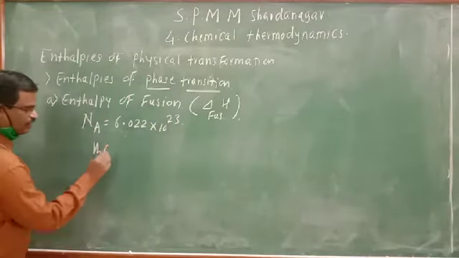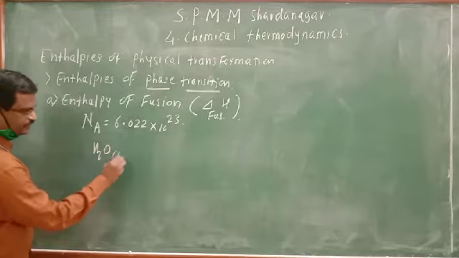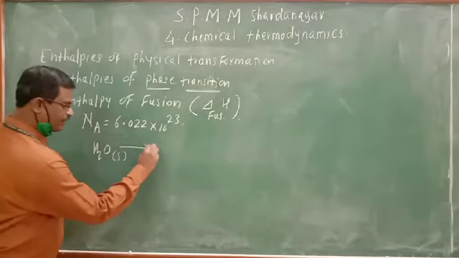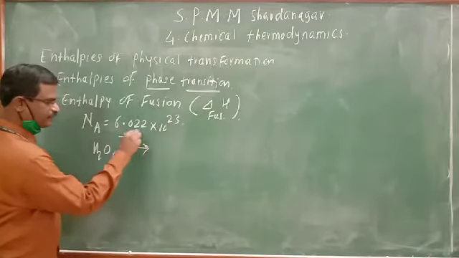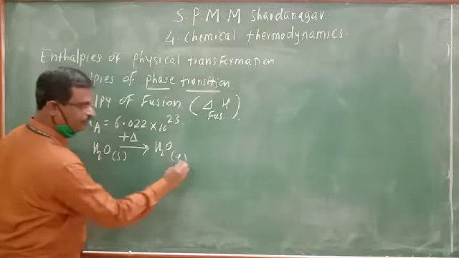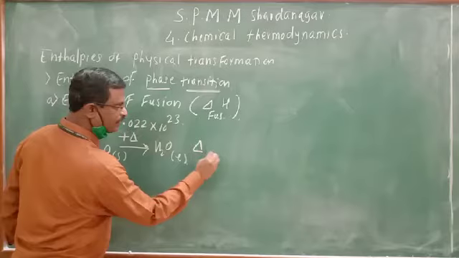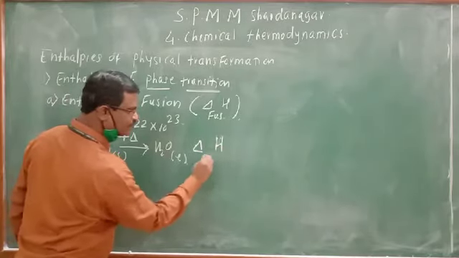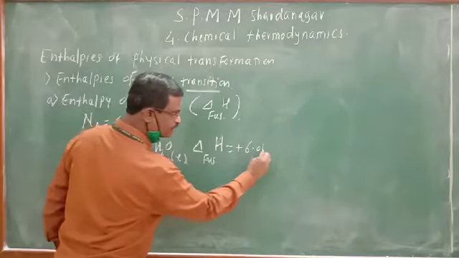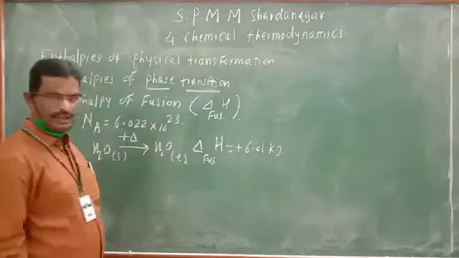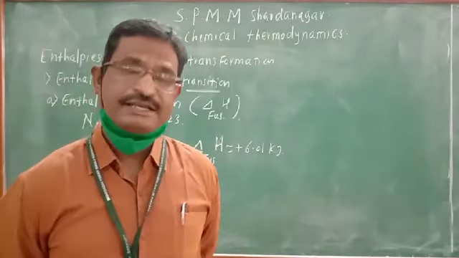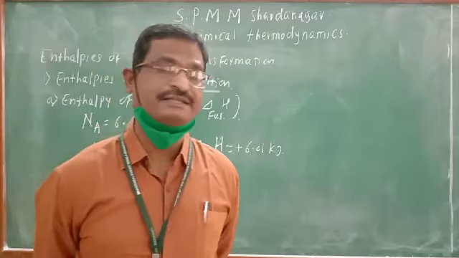For example, water present in the solid state, that is ice, whenever heated, absorbs heat and is converted to liquid, H2O liquid. Here the enthalpy of fusion will be equal to plus 6.01 kilojoule at 0 degree Celsius.